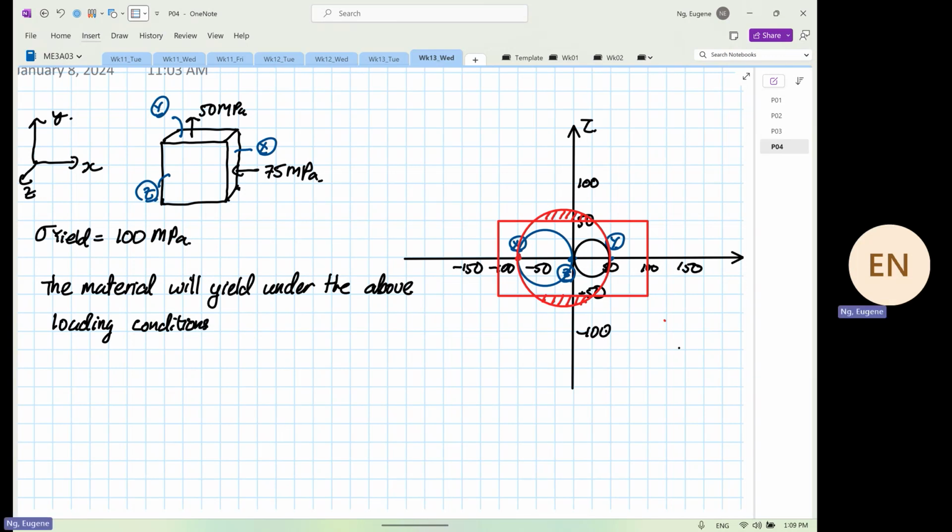For this case, you can't really tell. You have 75, which is less than 100, and then 50 is also less than 100. But when you sketch the 3D Mohr's circle, you can see that this is going to yield. As long as part of it is outside the box, we will yield.